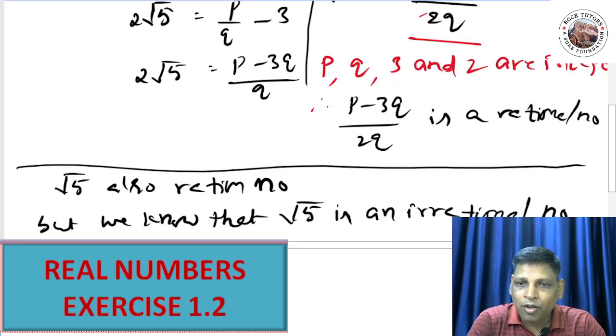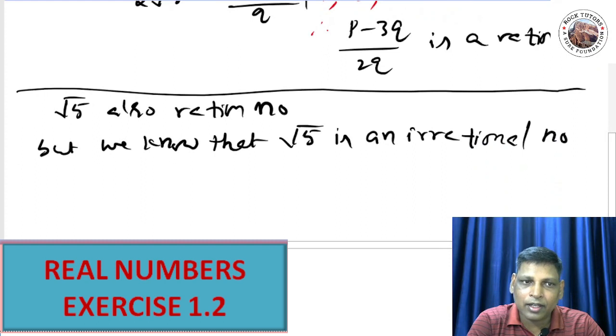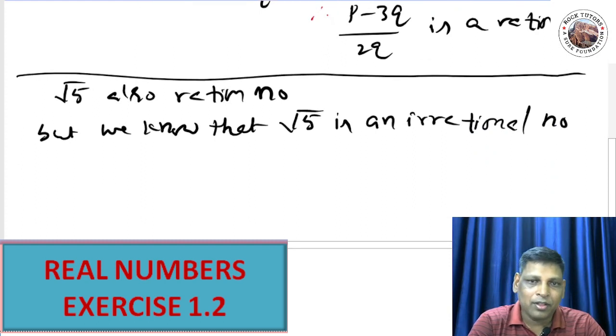So it is a contradiction. Here we assumed that root 5 is a rational number, but we know that root 5 is an irrational number. It is a contradiction. Why?